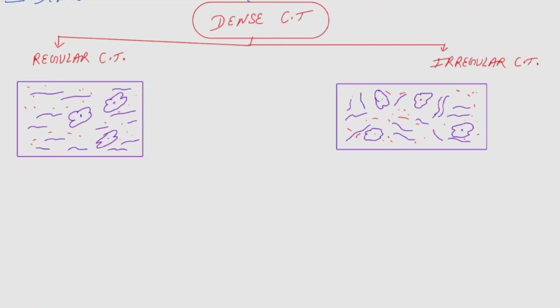This is the matrix, right? Earlier we discussed cell, fiber, and matrix. And this is the matrix, fiber, and this is the cell. Again, this is the cell, this is the fiber, and this is the matrix.